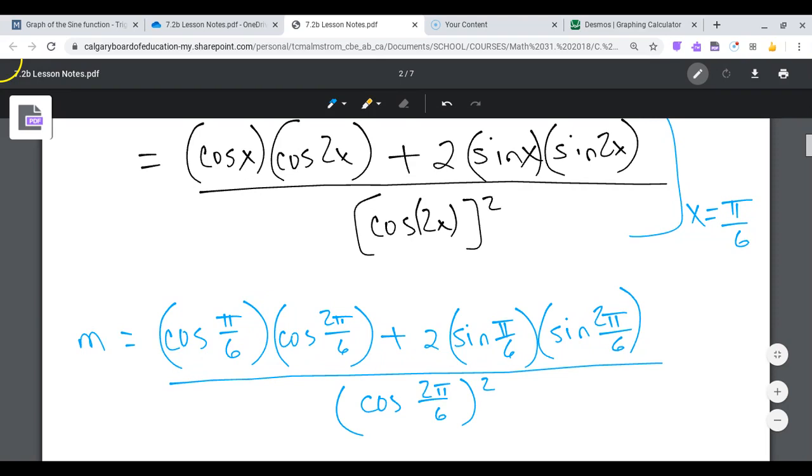So hopefully you recognize that those 2 pi on 6's actually reduce to pi on 3. Okay, so these are really pi on 3.